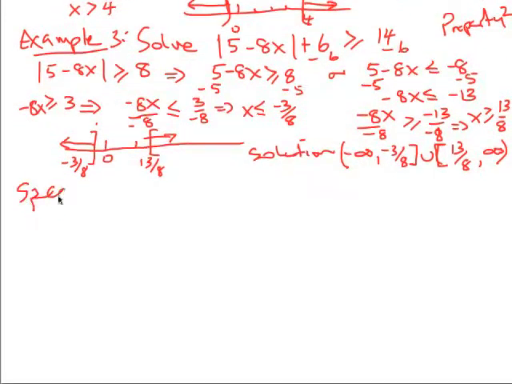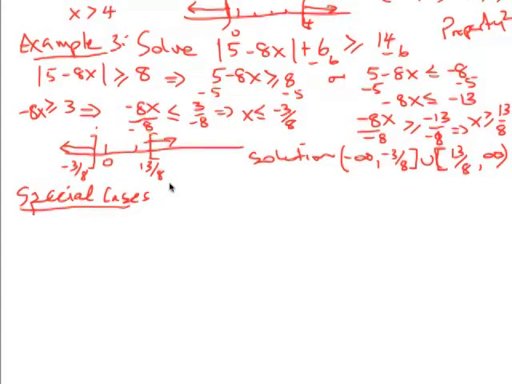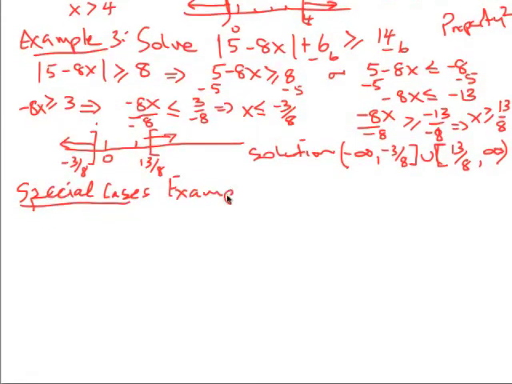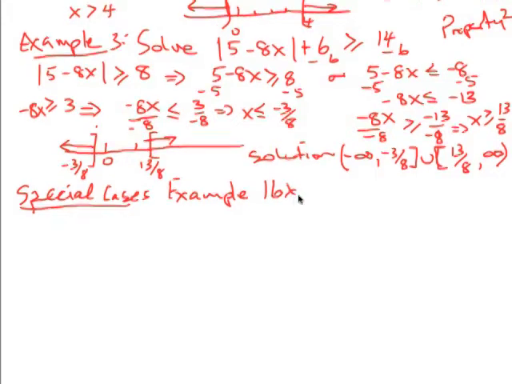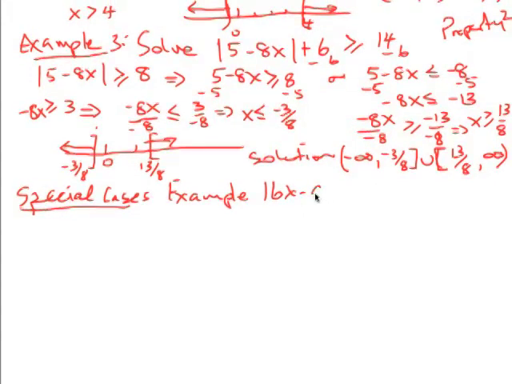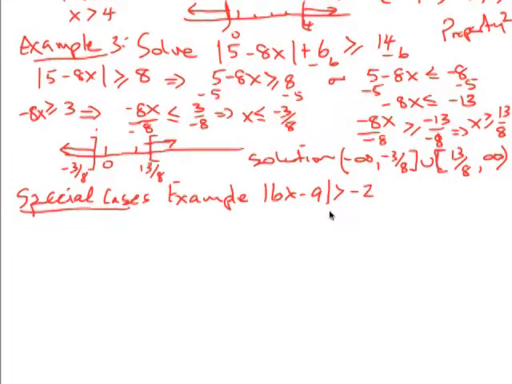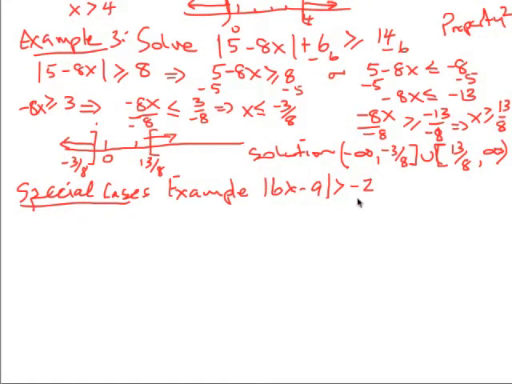Now, a couple of special cases to keep in mind. What if I have something like this? Suppose I have the absolute value of 6x minus 9 is greater than negative 2. Straight away, when you look at this negative 2 here, we know that the absolute value of anything is how far something is from the origin, and is always positive no matter what x is.